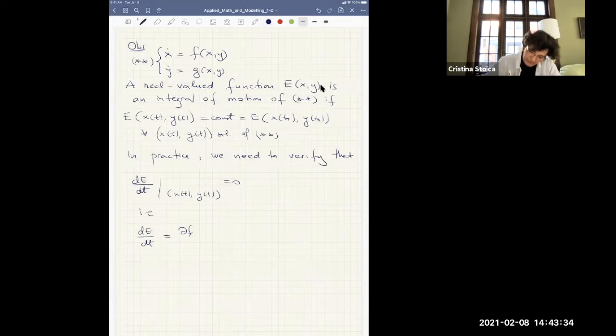So no, it's dE/dx, x dot plus dE/dy, y dot equals 0.